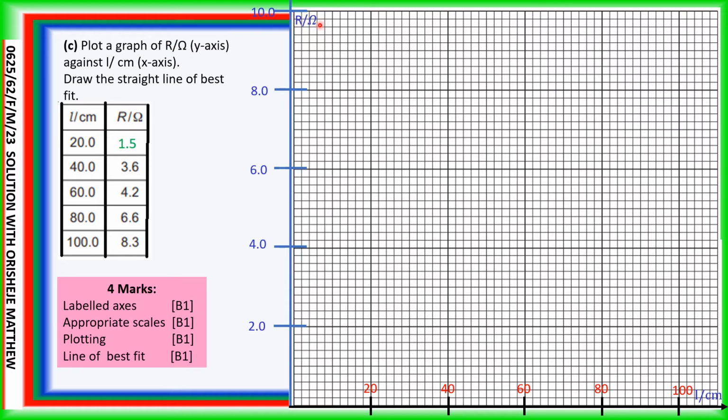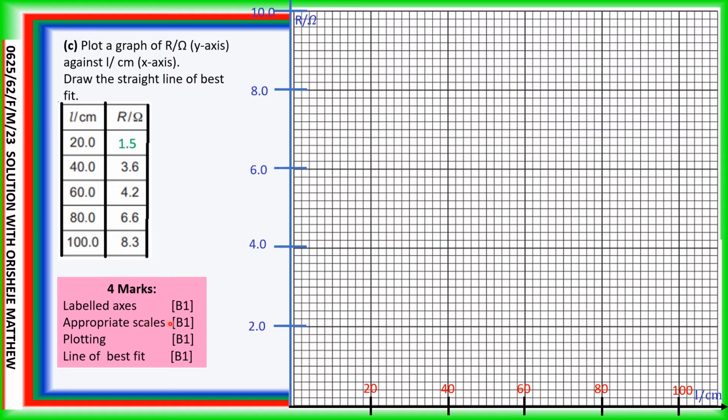What is the label for the y-axis? R, resistance, and the unit is ohm. Just write it there. What is the unit of the horizontal axis? Length measured in cm. Write it there. So for doing that, this is a free mark. The first mark is a free one.